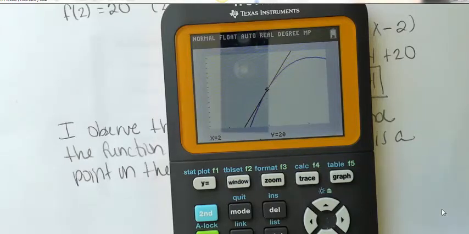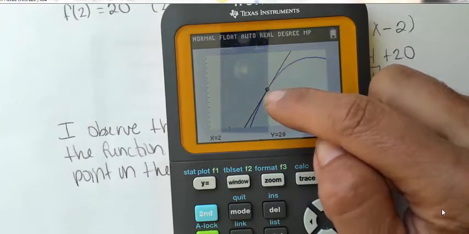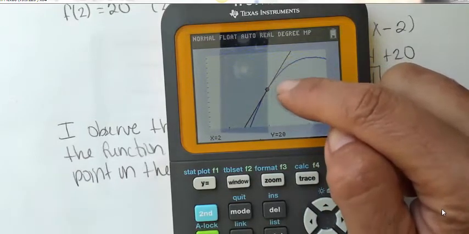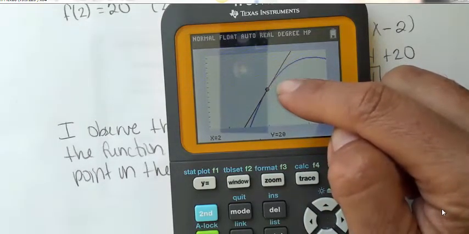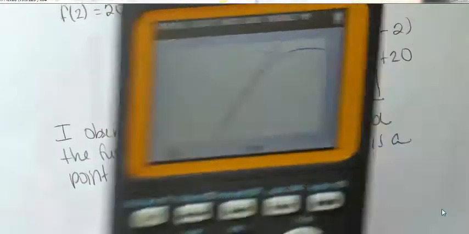Now we call this local linearity, which basically means the more and more you zoom in on the point of intersection of the tangent line and the function, they're going to appear to be the same line. Okay, so that's another thing I'm going to say.